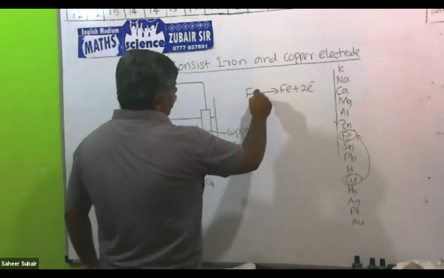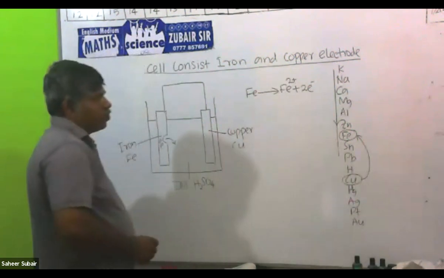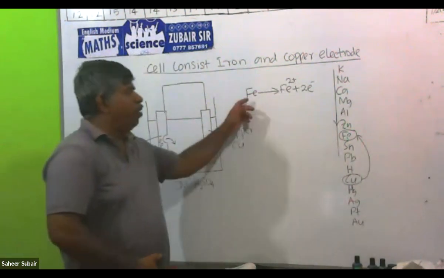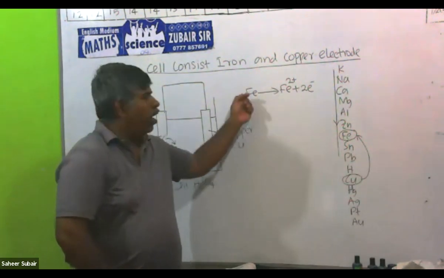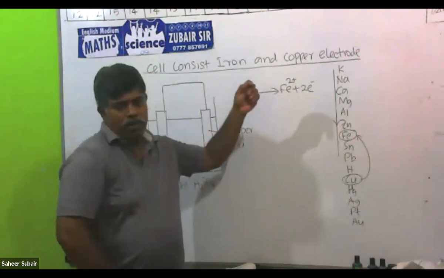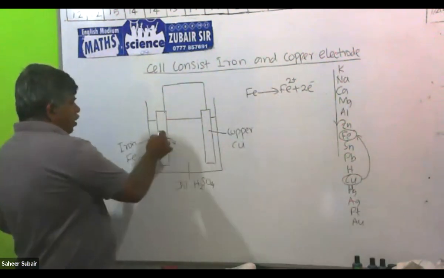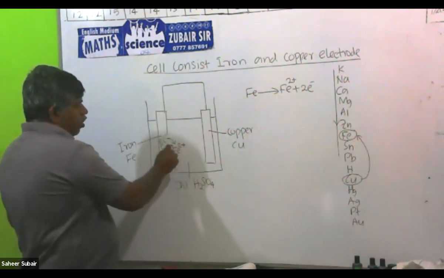When they put 2 negatives out, they get 2 positives. So Fe becomes Fe2+. So the atom becomes an ion by putting out 2 electrons.